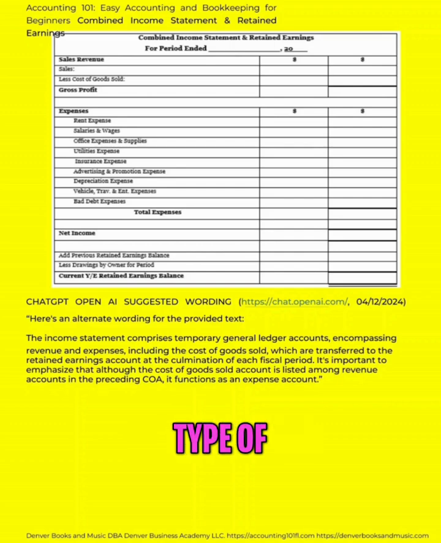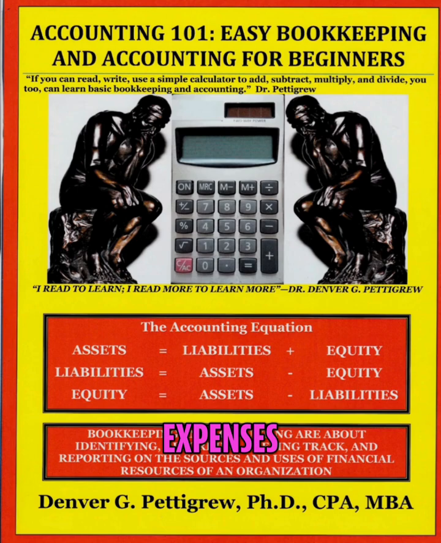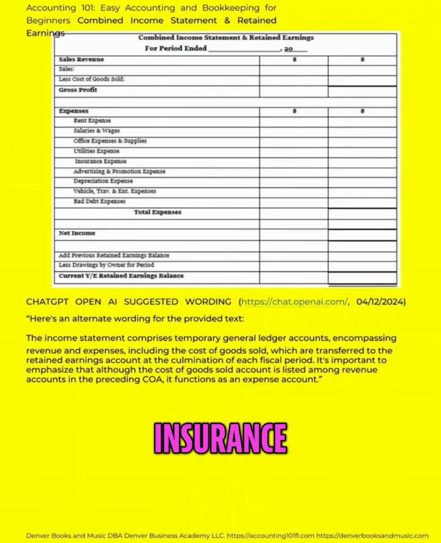Some popular types of expenses of firms include rent expense, salaries and wages, office expense and supplies, utilities expense, insurance expenses, workers' compensation insurance expense, advertising and promotion expenses, depreciation expenses, and bad debt expenses. Vehicle, traveling and entertainment expenses.